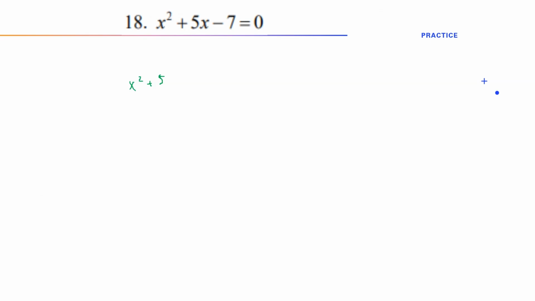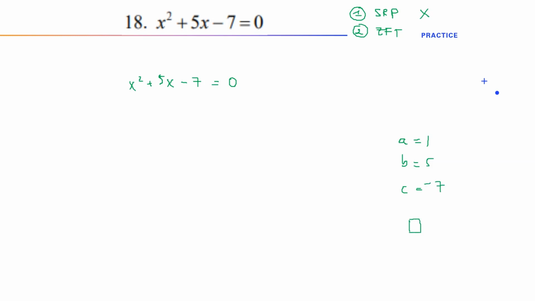So we have x squared plus 5x minus 7 equals 0. First, we're checking the square root property, and it's not working because it has more than 2 terms. And then the second one is the zero factor. Now we're checking for ABC, right? A equals 1, B equals 5, C equals minus 7.